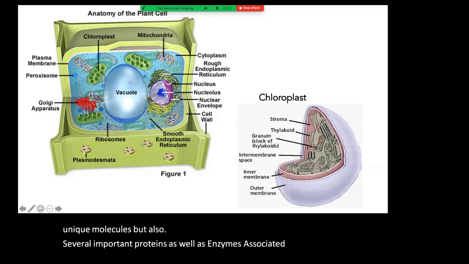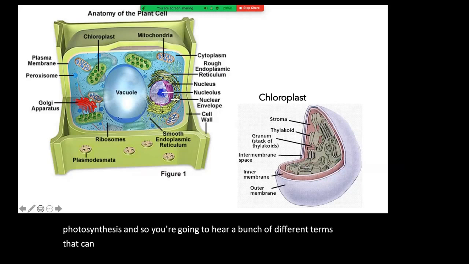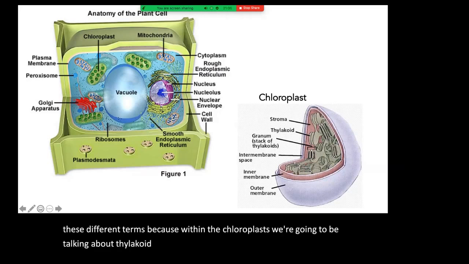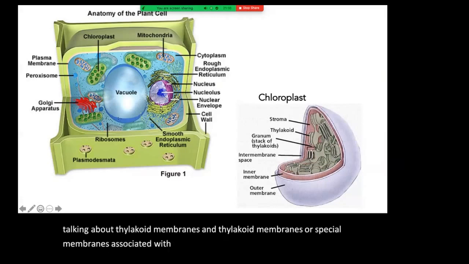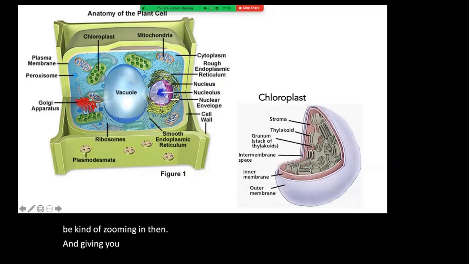And so you're going to hear a bunch of different terms, okay, that can be confusing. And I don't want you to be confused about these different terms, because within the chloroplast, we're going to be talking about thylakoid membranes, okay? And thylakoid membranes are special membranes associated with the chloroplast that house a lot of the components of the light reactions. And so we're going to be zooming in and giving you a more formal understanding of what happens within thylakoid membranes.